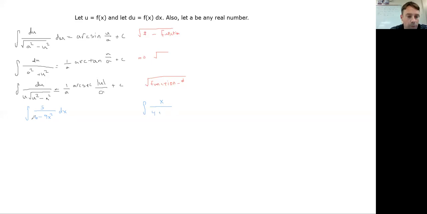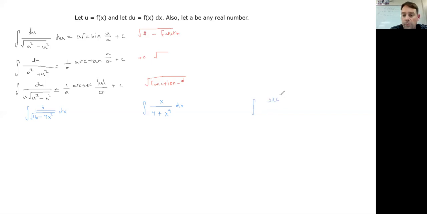That was supposed to be underneath parentheses. Sorry about that, friends. So 1 over 4 plus x to the 4th dx. And we're going to do this one right here.